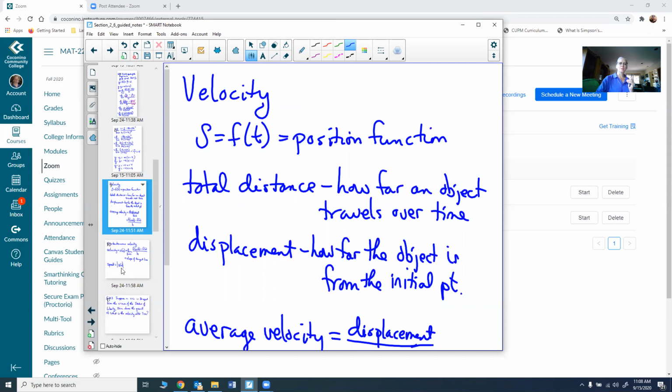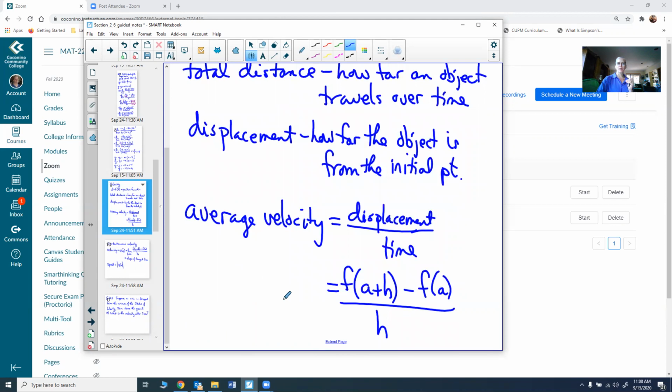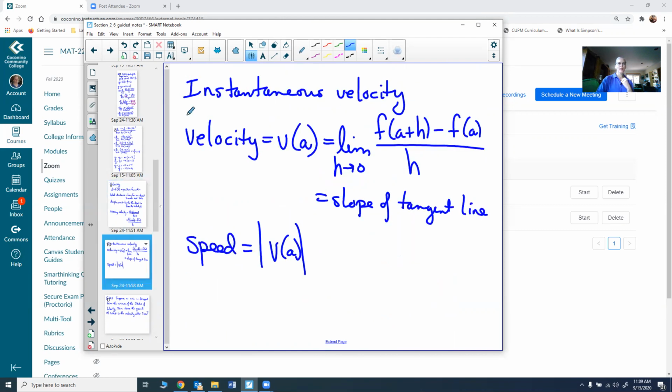When we talk about velocity, the average velocity is displacement over time. Displacement is just f of a plus h minus f of a. Time would be over h. We have the same formula for average velocity that we had for the slope of the secant. And then we can talk about instantaneous velocity. How fast are you going at a very instant?